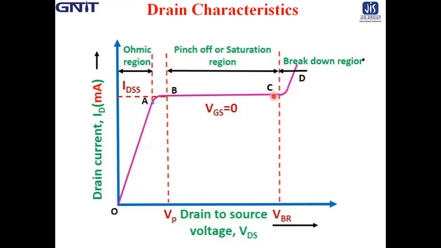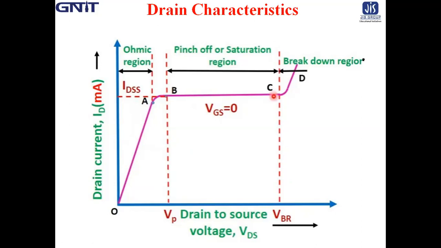The drain to source voltage at which this breakdown takes place is denoted as VBR, that means voltage at breakdown. So this is the drain characteristics of an N-channel junction field effect transistor.